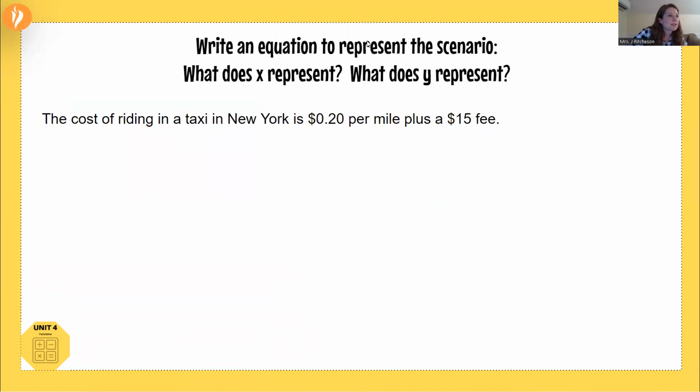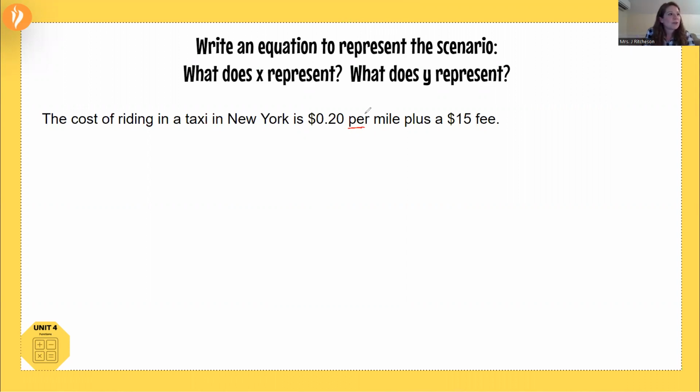So let's look at some more scenarios. We're going to write equations for these scenarios, and then with words, we're going to write what x represents and what y represents. Anytime you have those questions, you're never going to answer with a number. You're always going to answer with words. To find your rate of change, you're always going to look for the word per something, per mile, per month, per whatever it is.